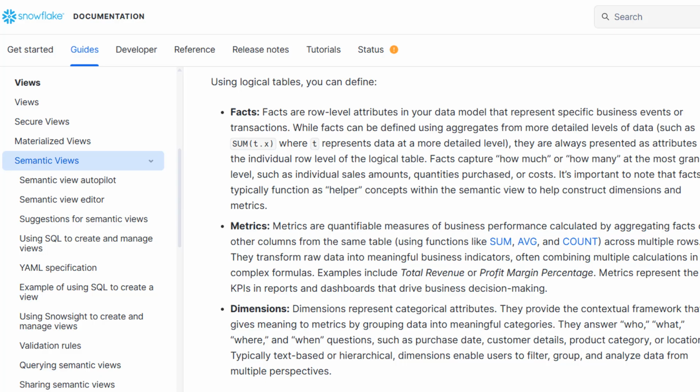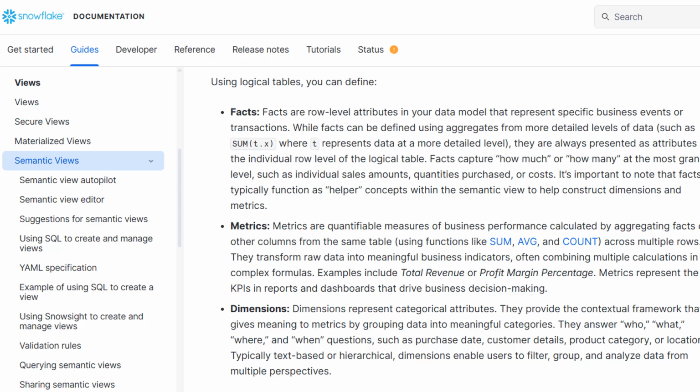Let me be precise about what Snowflake semantic views are, because I think lots of the discussions around them are either too promotional or too dismissive. The reality is more nuanced. So here's what Snowflake got right. Semantic views let you define logical tables that map to business entities. You define facts, the row level measurements like individual sales amounts, cost.